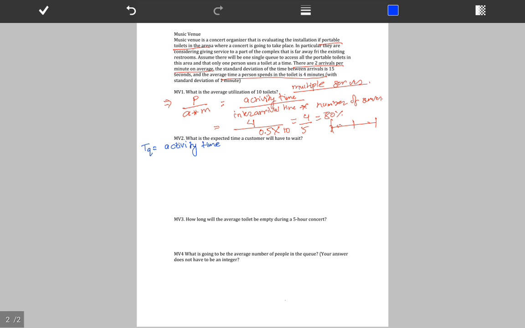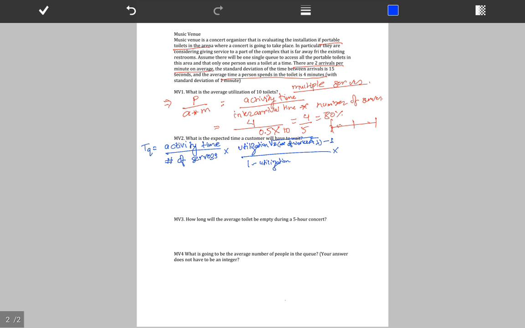P divided by M, or activity time divided by number of servers, where M is the number of servers, multiplied by U, utilization, all of that to the power of the square root of 2 times (number of servers plus 1), minus 1, divided by 1 minus utilization.